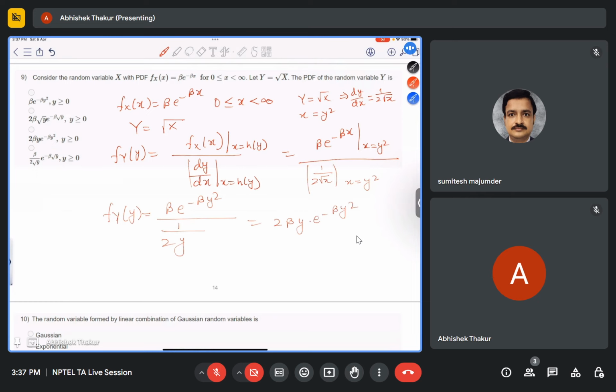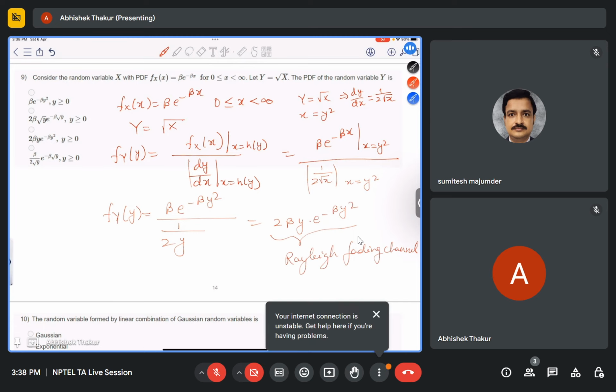Now beta is constant. So this is equivalent to the Rayleigh fading channel. Rayleigh fading channel is used for non-line of sight communication, and Rician fading channel is used for line of sight communication.